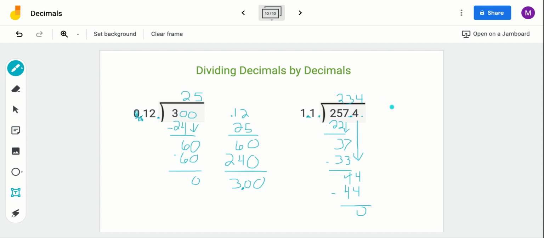So I can check that. 234 times 1.1. 1 times 234 is 234. 10 times 234 is 2,340.